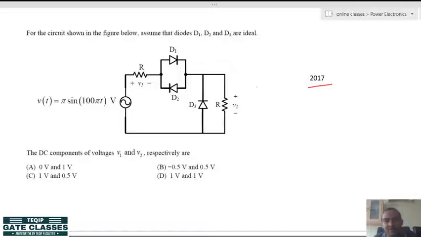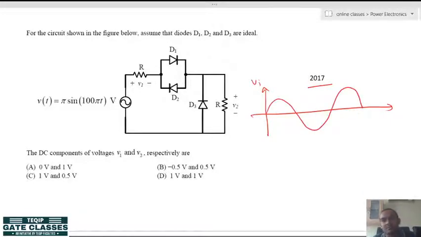So, obviously, we know that if you draw the input supply V I, the way to do questions is, first of all read the question carefully and then write down what is being given and what is being asked. If you do this much, then 50% of the question is already done. All right. So, here V I is like this. Obviously, we know that for the positive cycle D 1 will be forward biased, and for the negative cycle D 2 and D 3 will be forward biased.